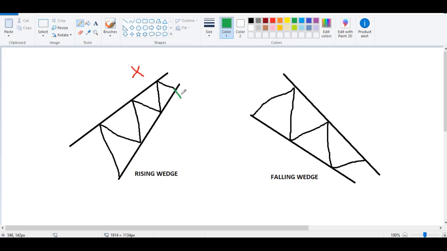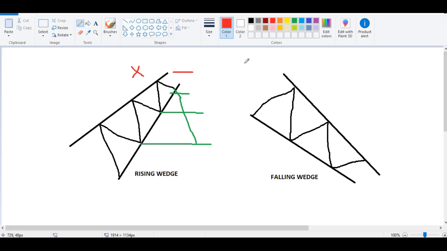When it breaks out towards the bottom, I will enter on the breakout, with the first swing low as my first target and the second swing low as my second target. Stop loss can be the midpoint or the upper end of the wedge.